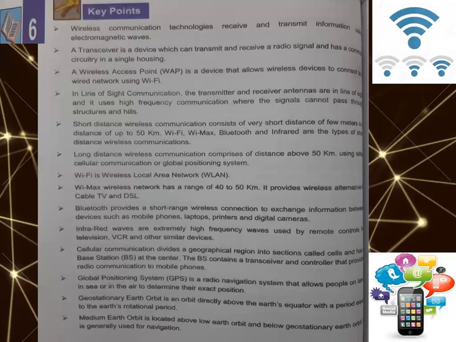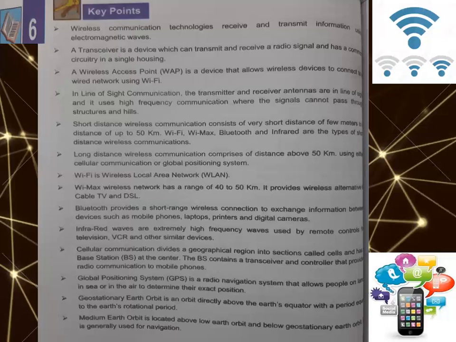Cellular communication divides the geographical region into sections called cells and has a base station, BS, at the center. The base station contains a transceiver and controller that provide radio communication to mobile phones. Then we have the global positioning system.